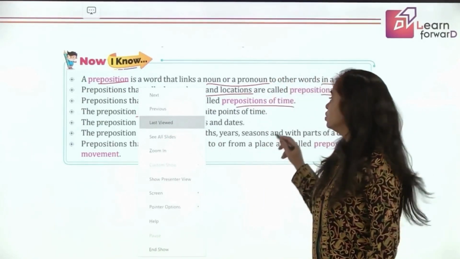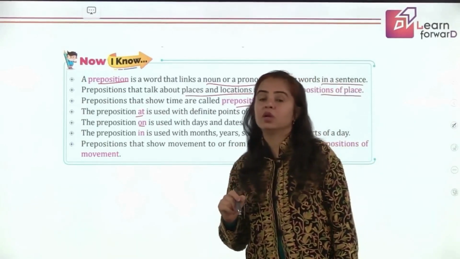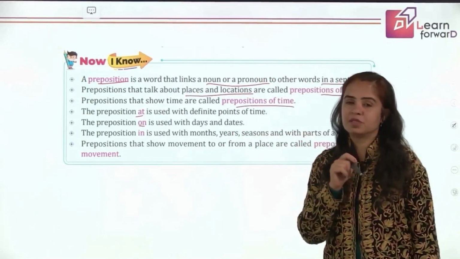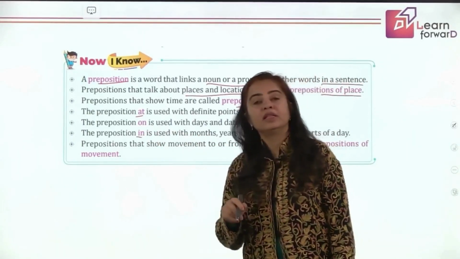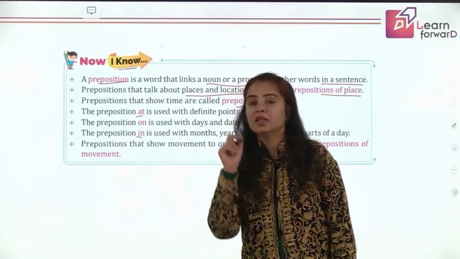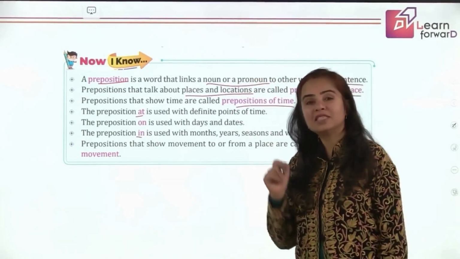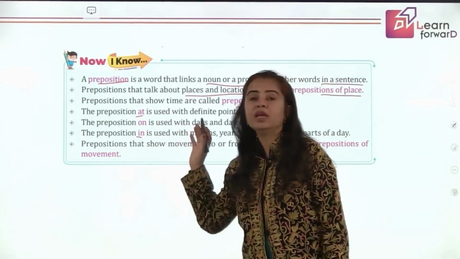On is used for the definite point, like on Monday I am saying. On some date I am saying. On 27th September I am saying, right? And then in is used with in the year, in the month, in the morning, in the evening, in the afternoon, in some season. So these are the different prepositions showing time.